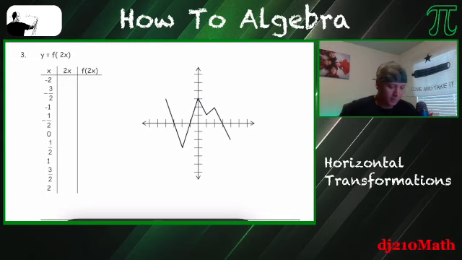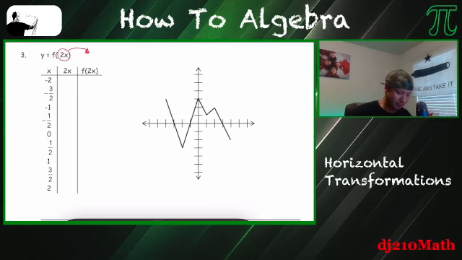Okay, number 3. Here's a little more interesting one. We're multiplying the x by 2. So remember, inside lies. When you multiply something by 2, instincts tell you that it's going to get doubled, that it's going to get bigger.